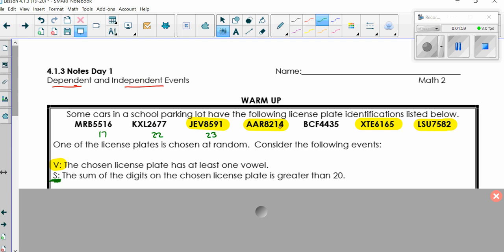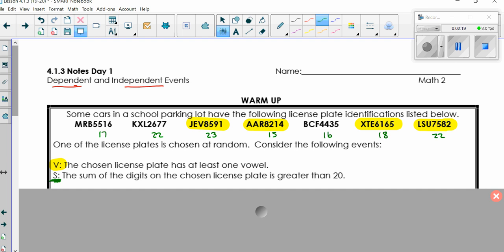This would be 10, and 5 makes 15. This would be 8, and 8 makes 16. This would be 7, and 6 makes 13, and 5 makes 18. This would be 12, 22.